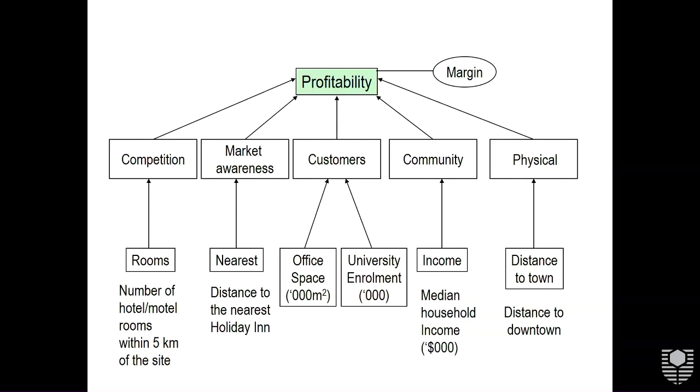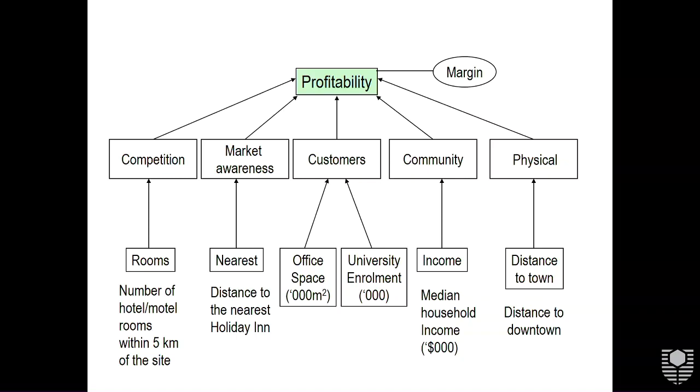So here, right? For competition, we have the number of rooms for each motel within 5 kilometers of the site. So we have nearest to the market or city center, or nearest to Holiday Inn, because these are also competitors. Office space, because if the visitors or customers come to the city, they have to see the office space, guys, if it's big or not. So if it's big, there will be more.